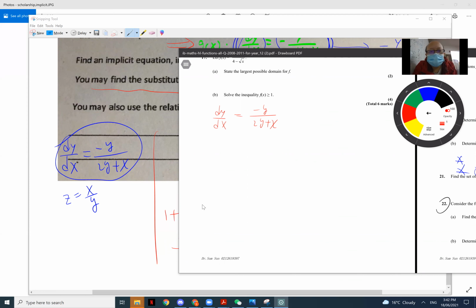Let's try another way. y equals x times u. Now, what's the dy dx? It's u plus x du dx.